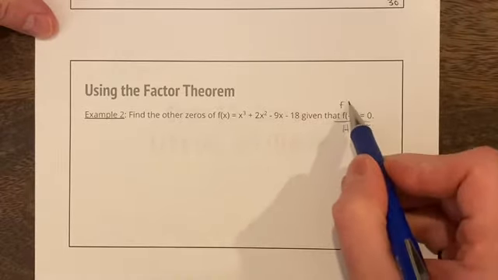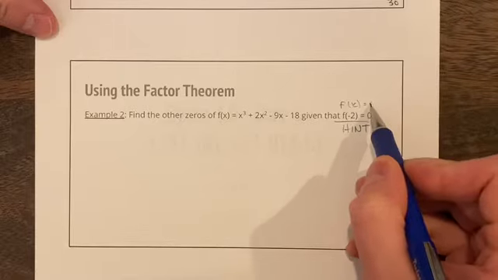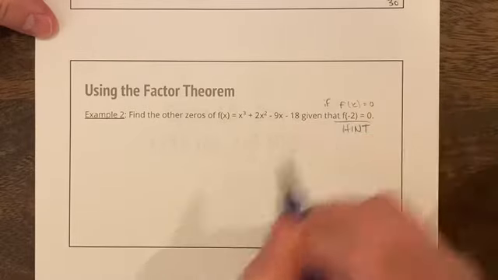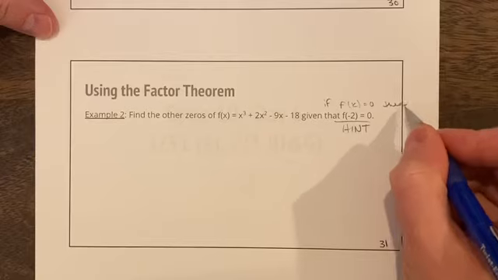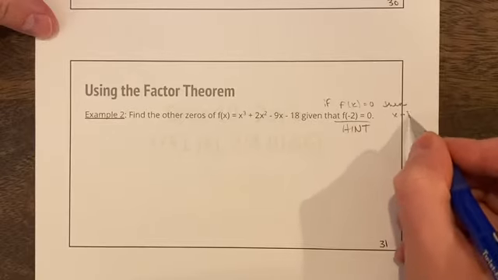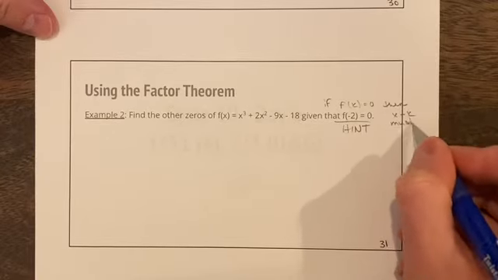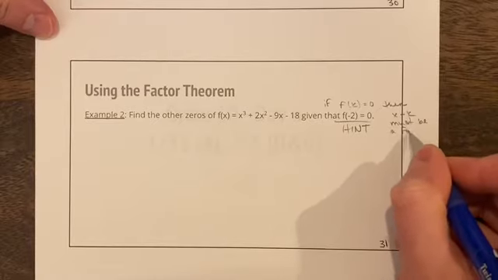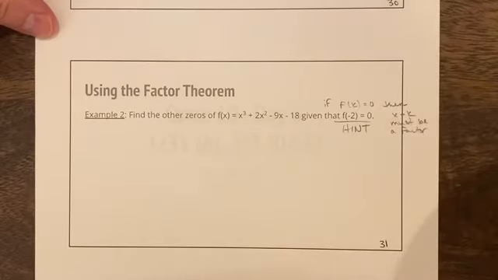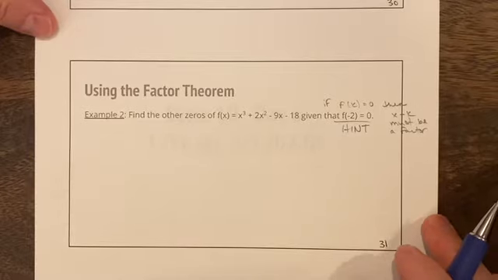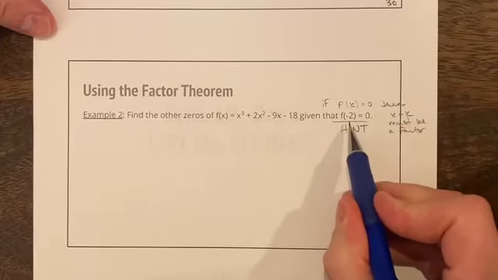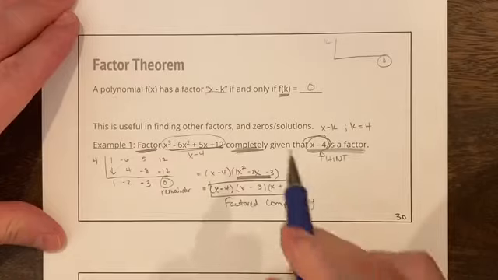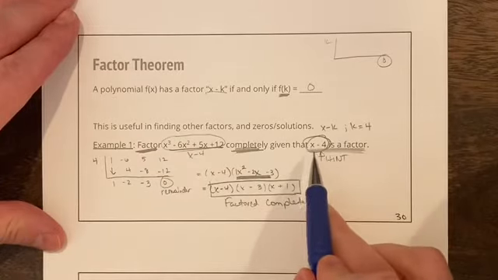Because we know that if f of k is equal to 0, right, then what must be true is that x minus k must be a factor. So it's essentially a step behind the last problem, right? We need to turn this into a factor that looks like this, right?